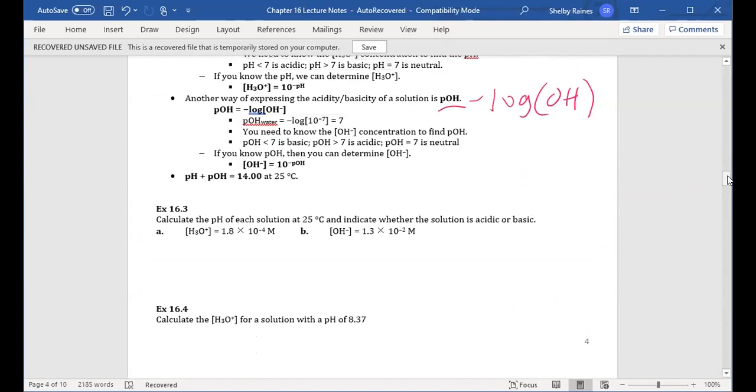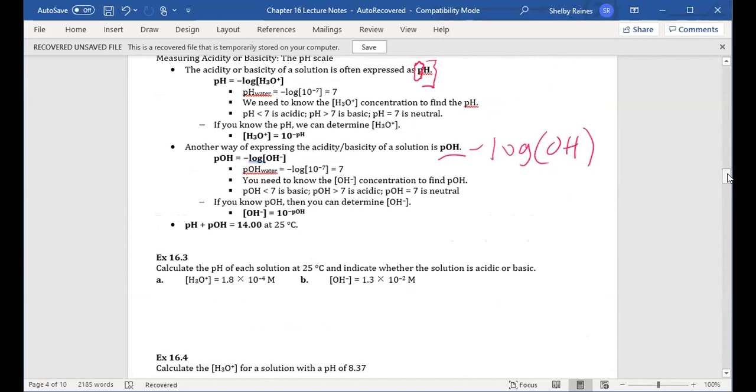So here, I say the negative log of the hydrogen concentration, which was 1 times 10 to the negative 7th, I get 7. We know that to be a neutral pH. So anything lower than 7 is said to be acidic. Anything greater than 7 is said to be basic, and a pH of 7 is neutral.